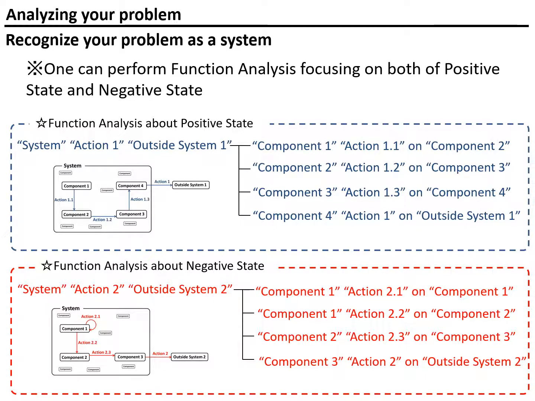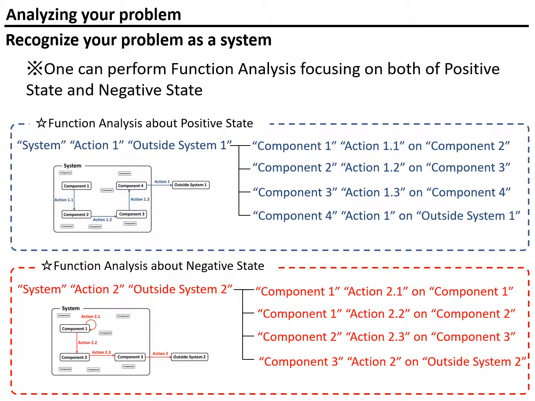Then this function could be broken down into four functions: component 1, action 1-1 on component 2; component 2, action 1-2 on component 3; component 3, action 1-3 on component 4; and component 4, action 1 on outside system 1. This is how the positive state is generated, described as a combination of functions.